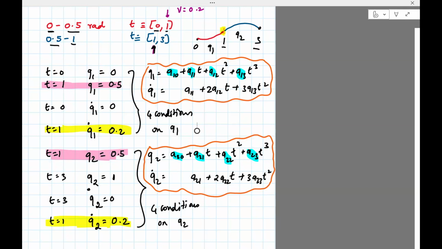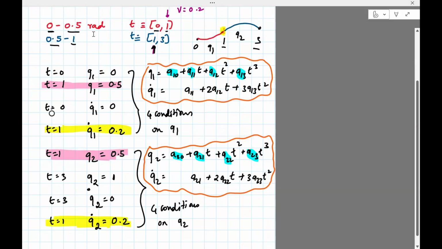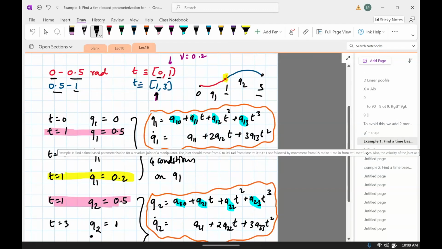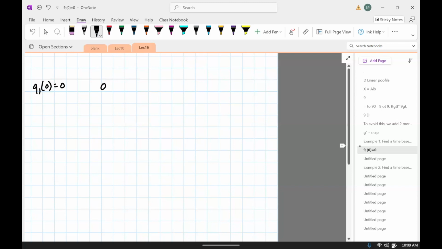Okay, just a matter of writing those equations down. Let's just start writing them for those 8 things. So at t equals 0, Q1 equals 0. I'll just write it like this, it makes it easy. If I put it in the first equation, which is right here, I get 0 equals A10.